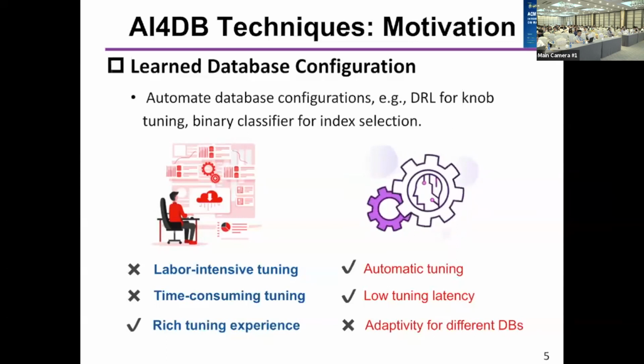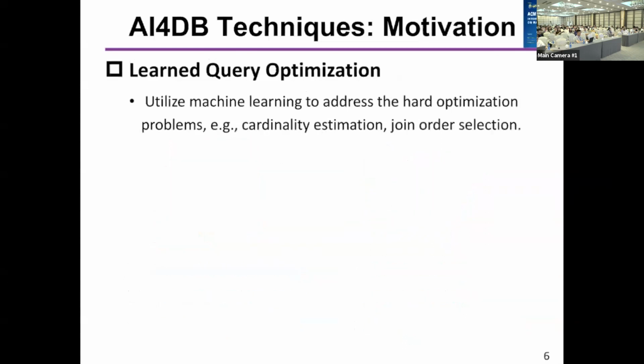So when we apply machine learning techniques, we need to consider how to improve the adaptivity for different databases. For example, we want the learning method to adapt to different workloads, different database instances, different database systems, and different hardware. I think this is rather challenging, and the database community is working on improving the adaptivity of machine learning techniques inside databases.